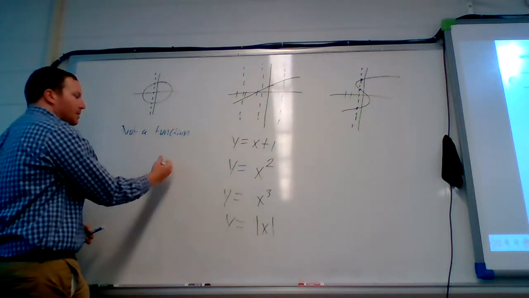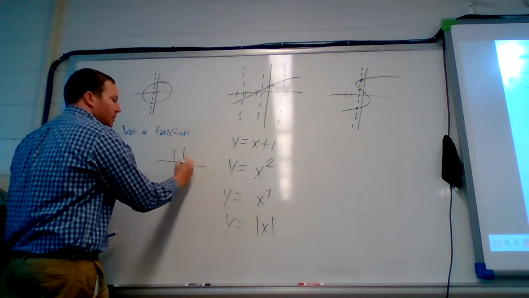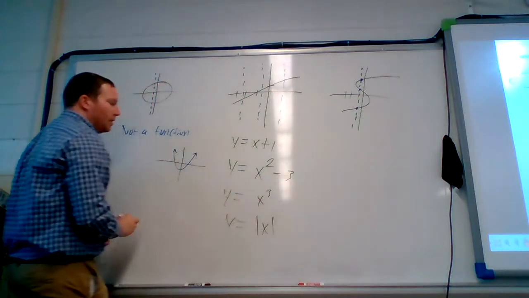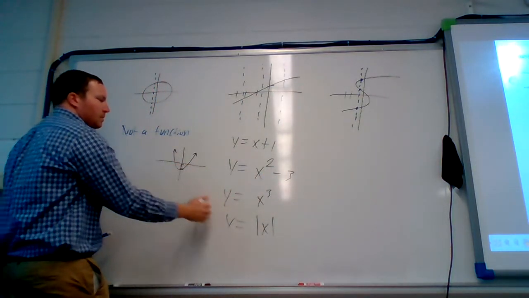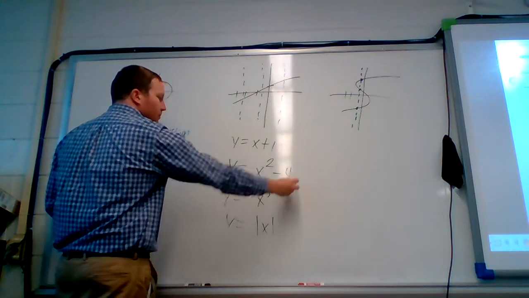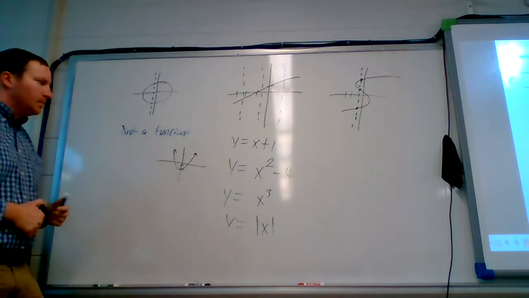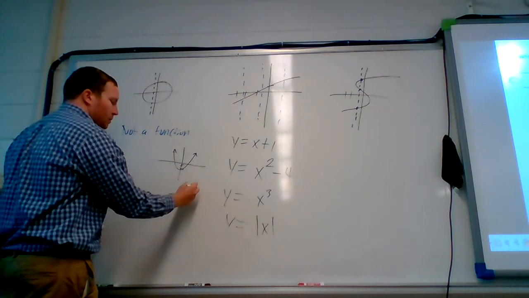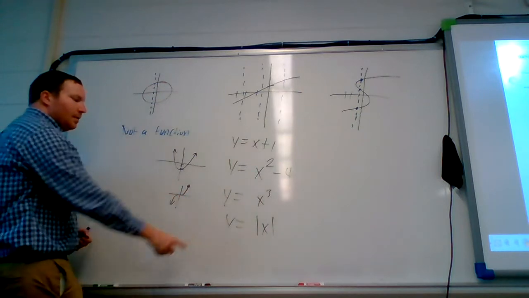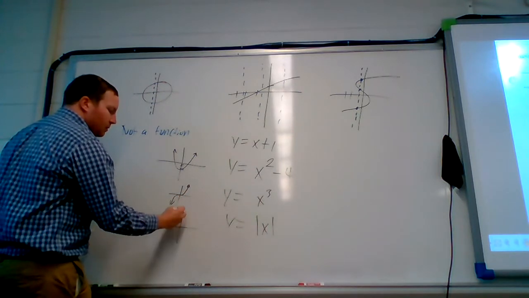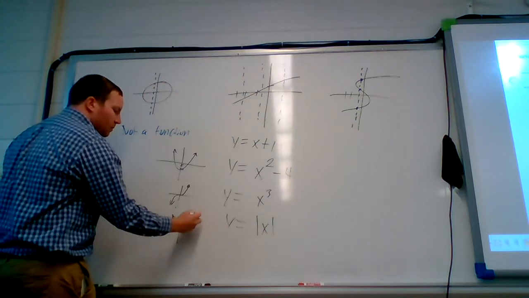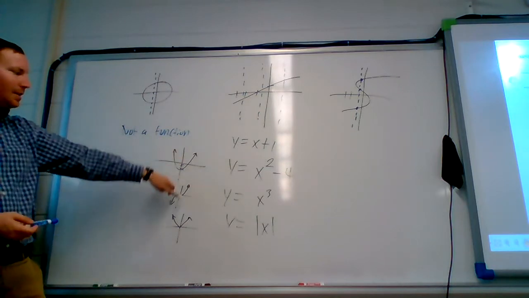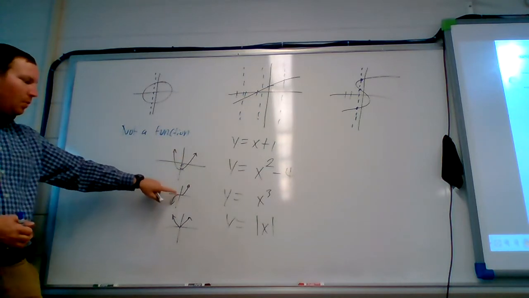So for x squared, that would be our function. For x cubed, something that looks like that. For absolute value of x, something that looks like that. All of those are functions, right? If I draw a vertical line through any of these, I'm only going to touch that graph at one spot. Okay.